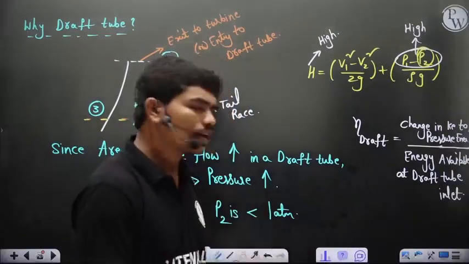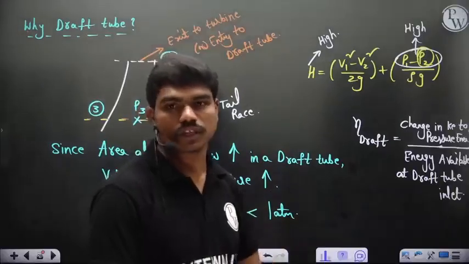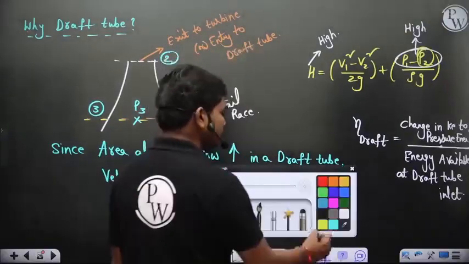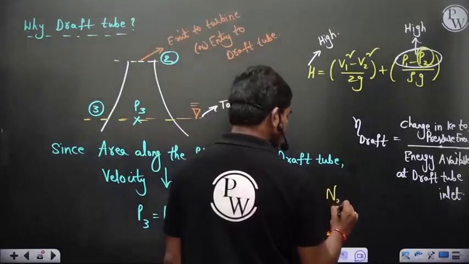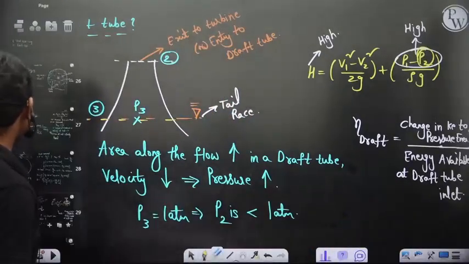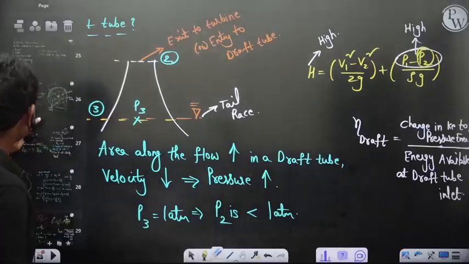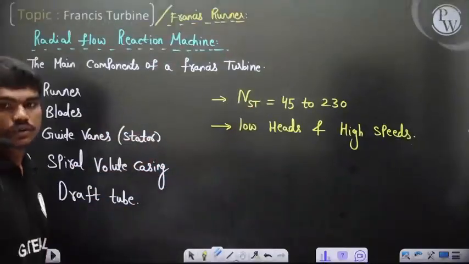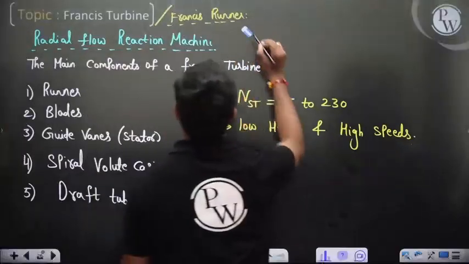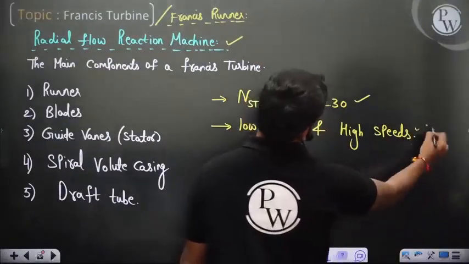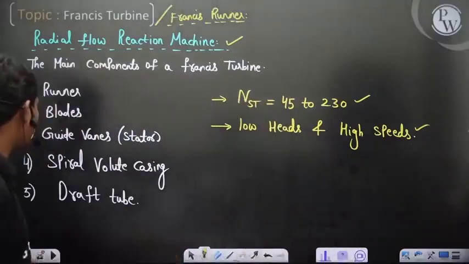Okay, so you can apply Bernoulli's equation with friction loss, all these things, again the same thing. The specific speed, I think I have given already in the beginning, so no need to give it once again. This NS somewhere I would have given, yeah, here. These 3 points are also important. And this mathematical analysis is also good.